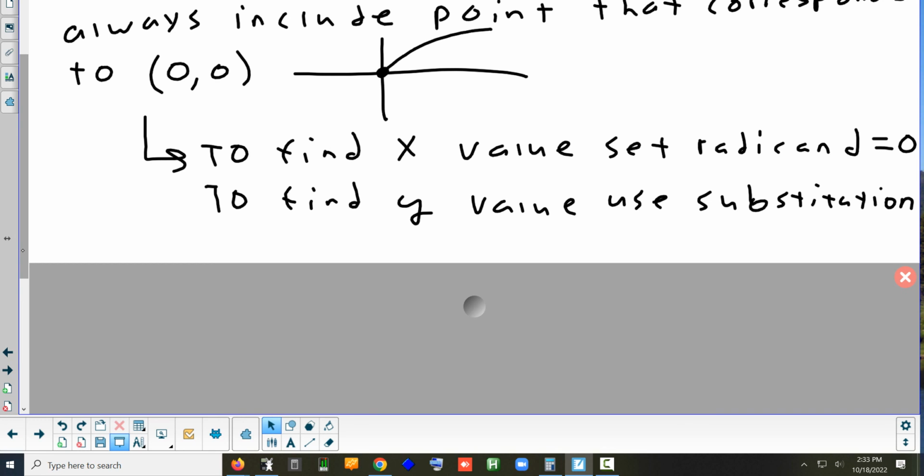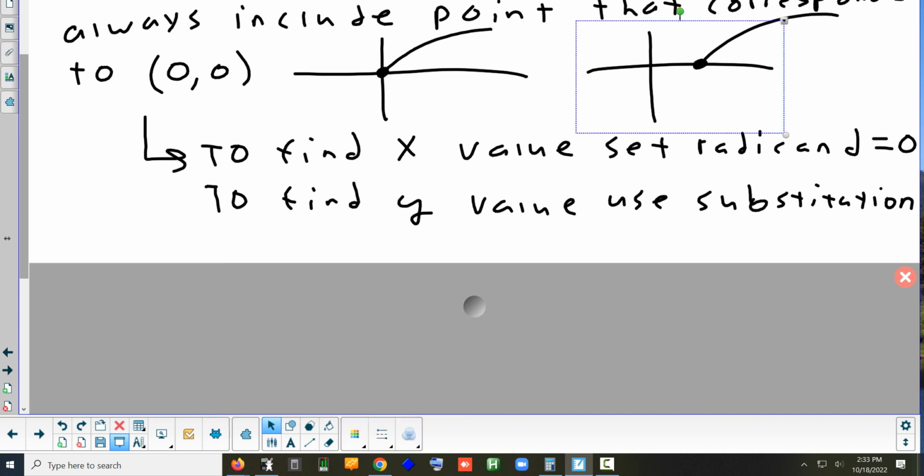Now, for an even root, how many directions does an even root go? Does it go in one direction, or does it go both? One. It only goes in one. So once you get that start point, let's say maybe it moved to the right 3 units, you only want to check points on one side of that, because it's only going to go one way. It doesn't make sense to check when x is 0, -2, -3, -4. There aren't going to be any points over there.